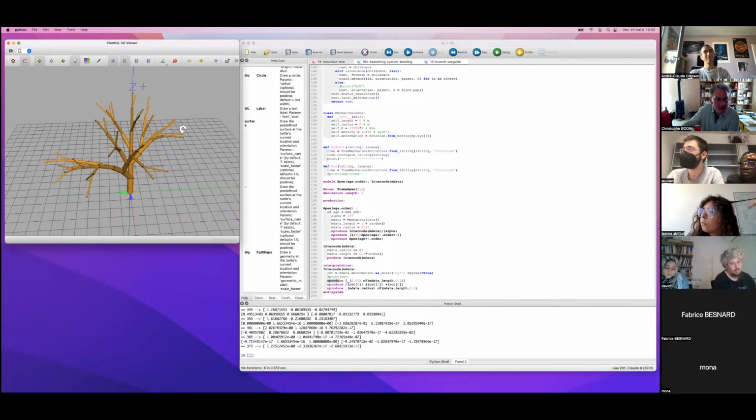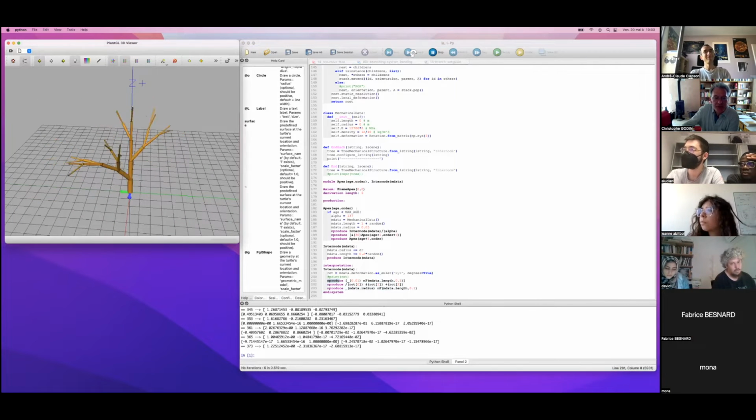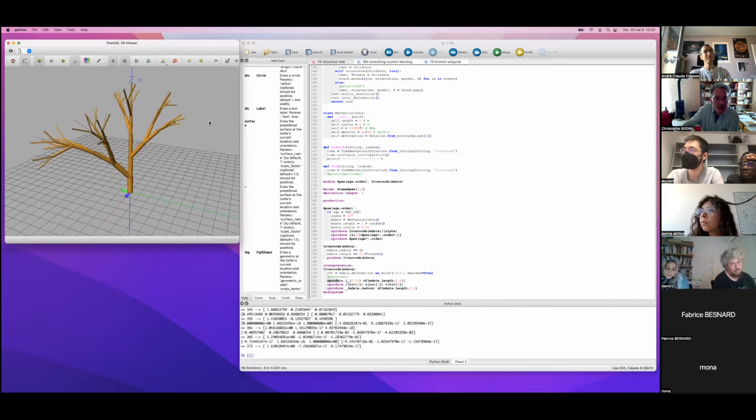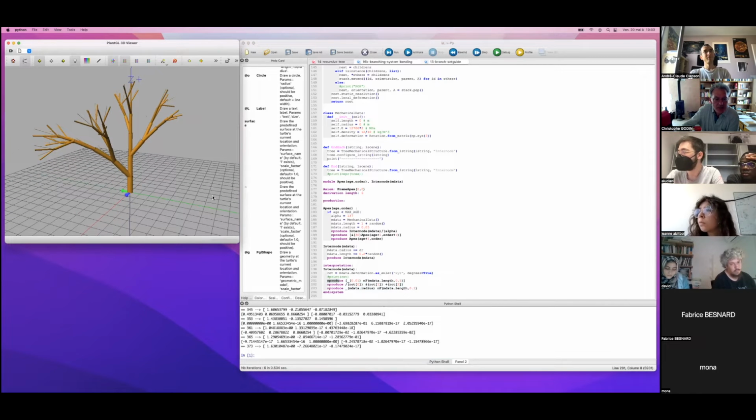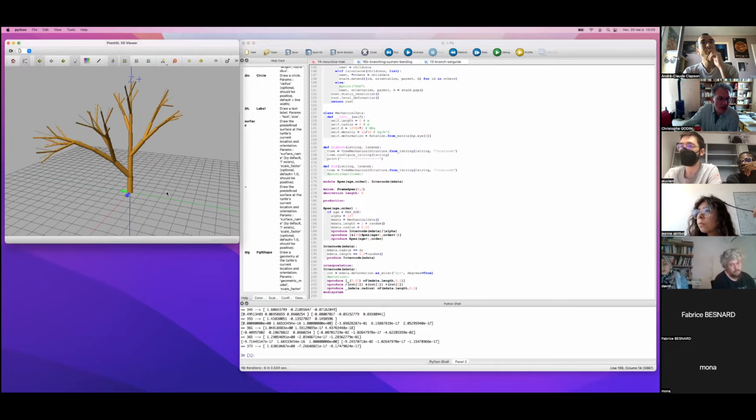This is a result. The small branches here are just to represent the polarization of the branch without deformation. It was to visualize.